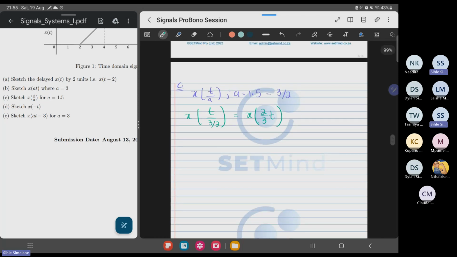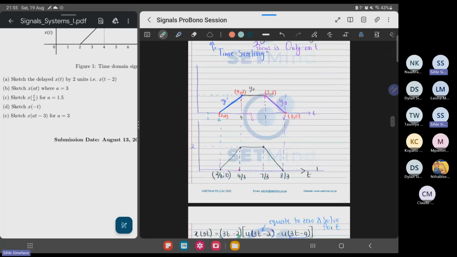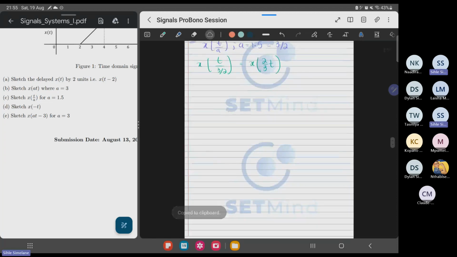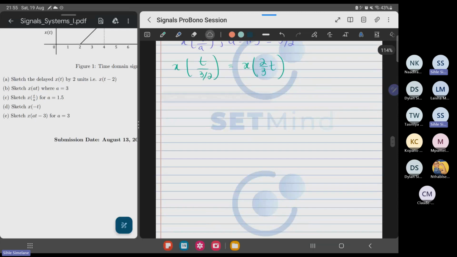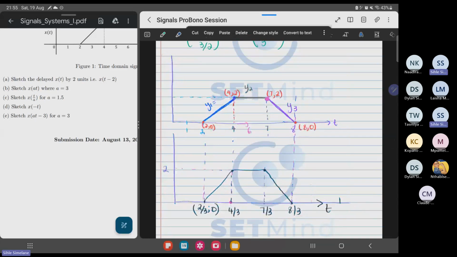Okay, so let's go and copy the original function and you will see what I will do. So let's copy that. This is when you start wishing in the exam you could go with your iPad or tablet and copy and paste things. So look at what I'm going to do.